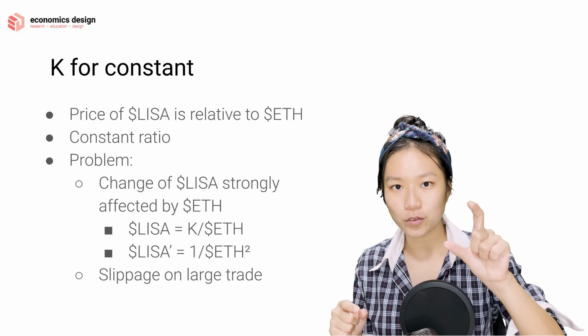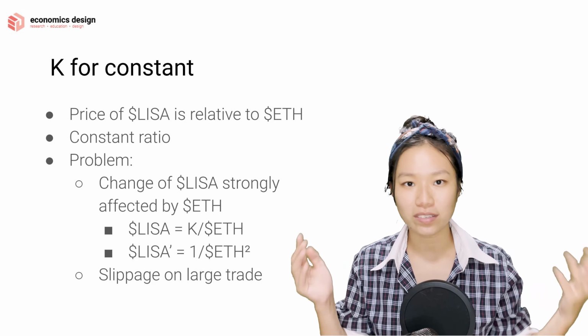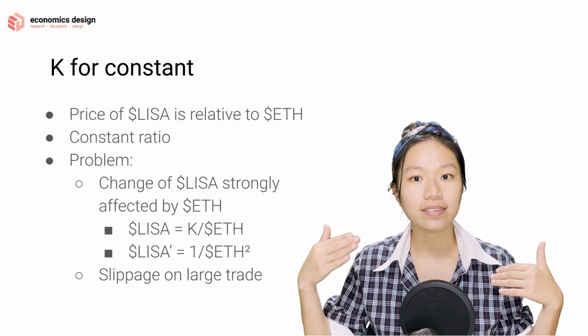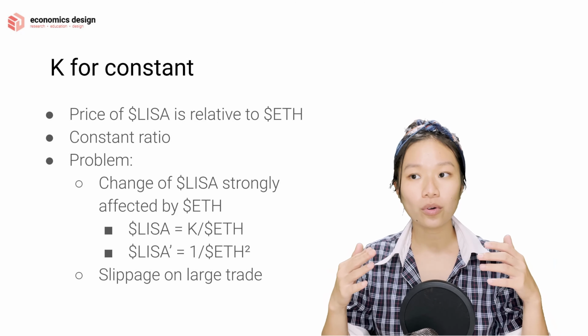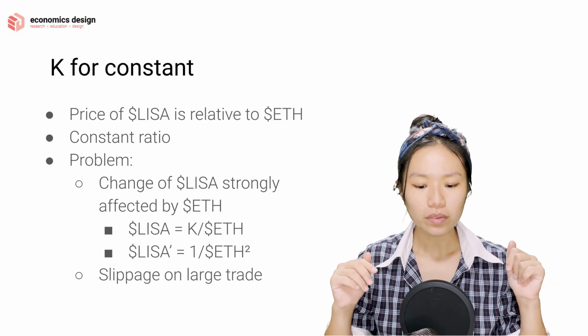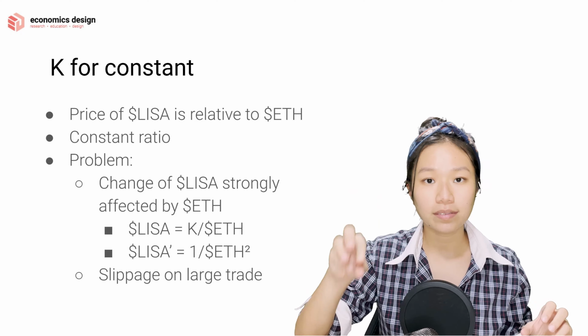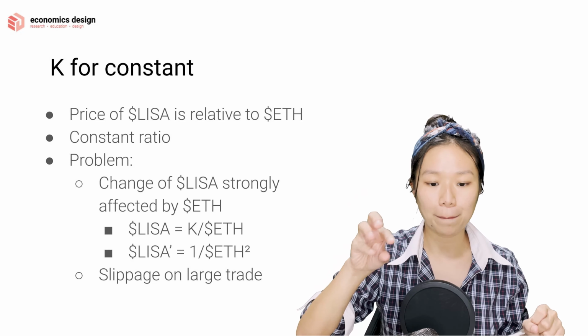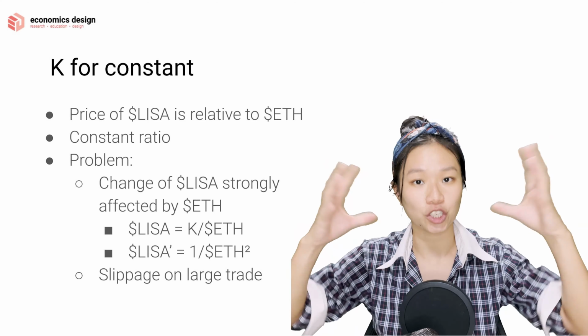So for a small amount of tokens, the change is small, right? Because if your change is 1, 1 squared is still 1. But if your change is 10, 10 squared is 100. So the squaring is actually a very important impact because it blows up the entire function.